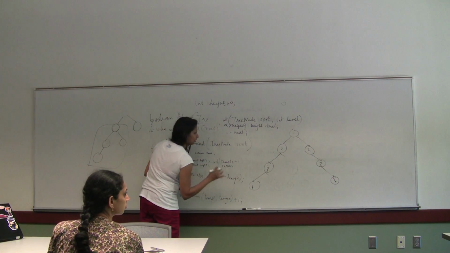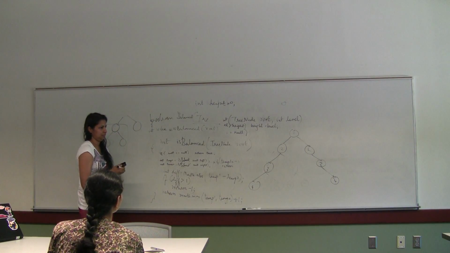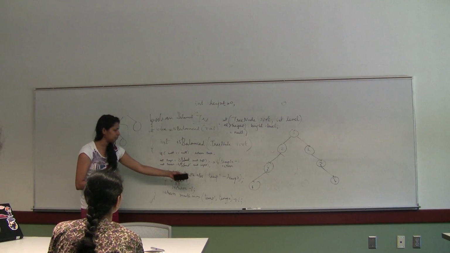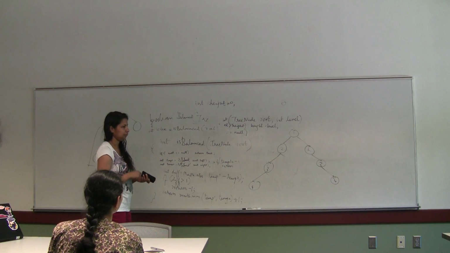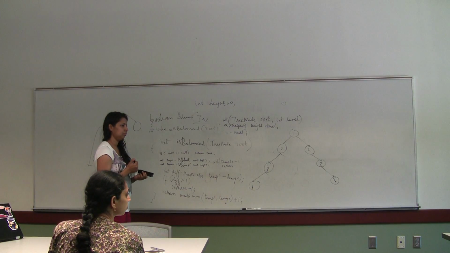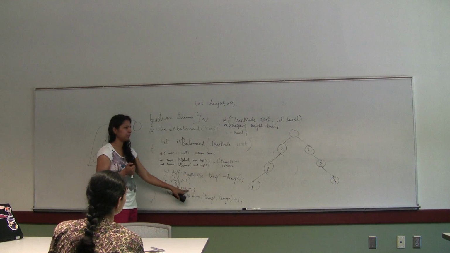You're checking if the difference is greater than 1, right? But if your right tree is 0 and your left tree is unbalanced, you're returning a -1. The minute you see there is an imbalance, you'll return -1.